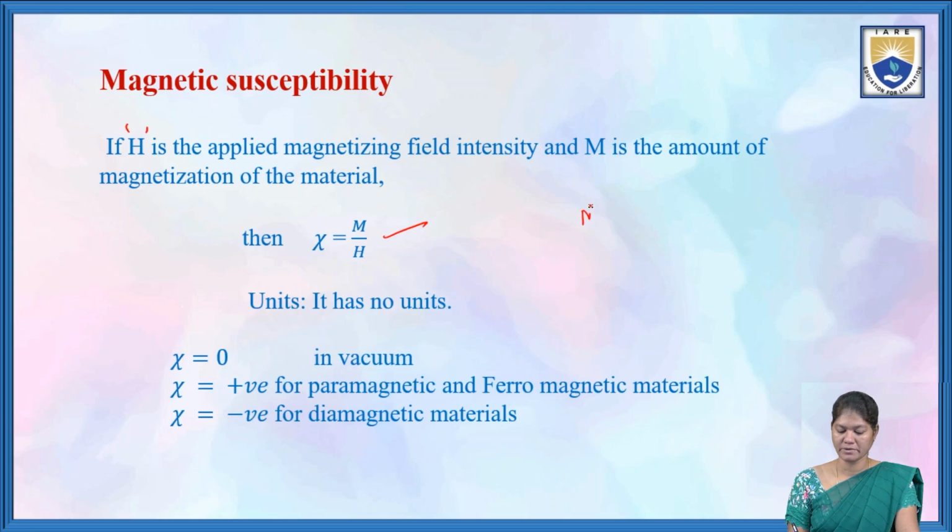So M is the magnetization, H is the magnetic field strength.